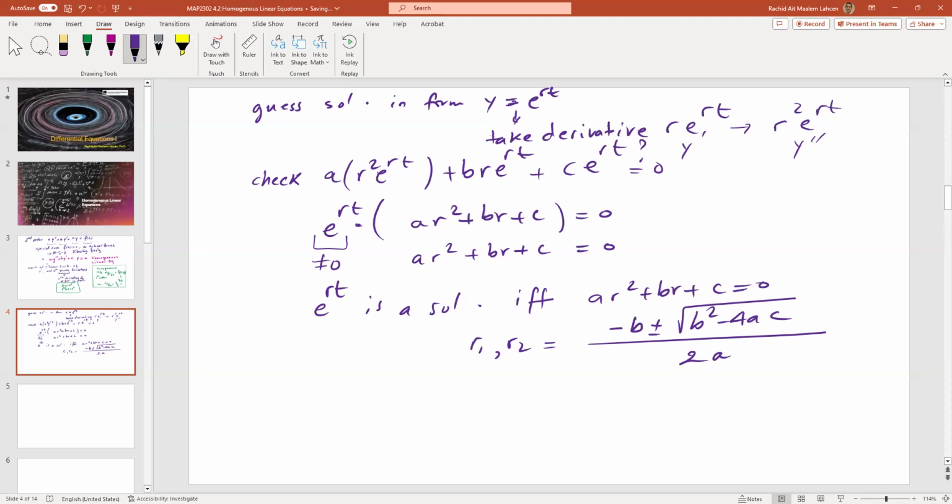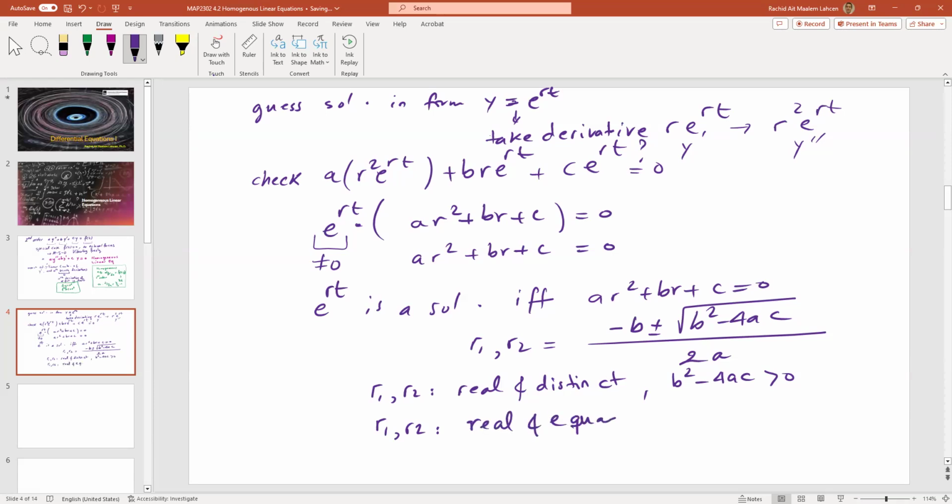So here you're going to run into the cases. You may have r1 and r2 real and distinct, when the discriminant is positive. And of course, we know that r1 and r2 are not distinct when r1, r2 are equal, real and equal, if the discriminant is 0.